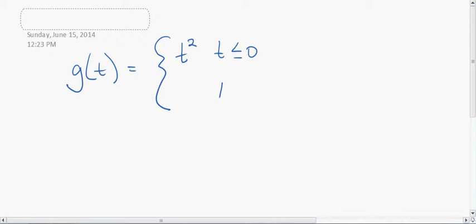And when t is greater than 0, my function is going to use the square root of t to describe it. So once again, I'm going to have two parts to my piecewise function. All right, well, let's see. What's this going to look like?